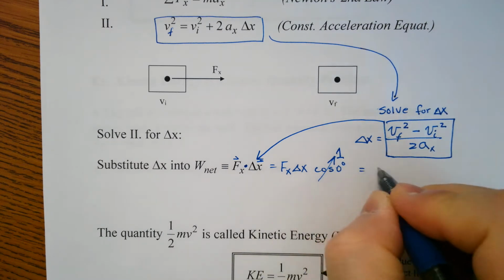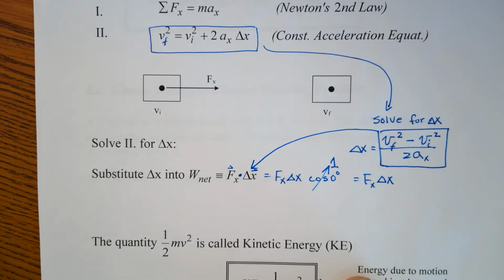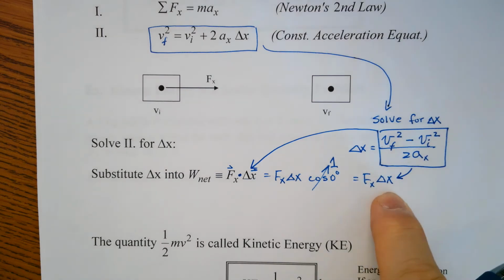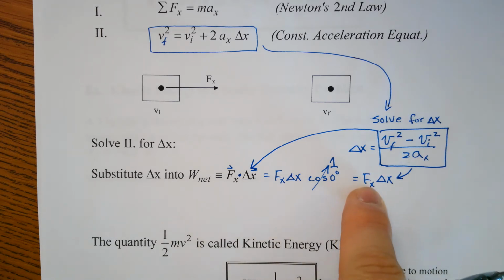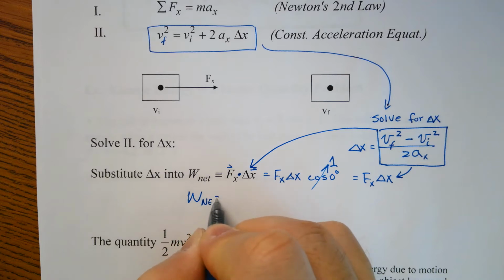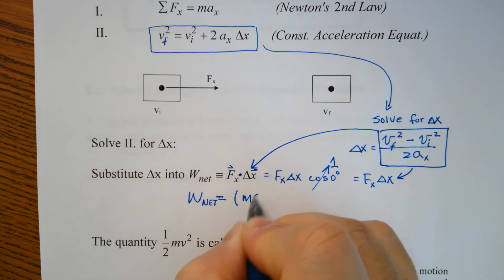And that's how we get Fx delta x. So if we plug in this value and finish that off with Fx being max, right? So here, work net now is equal to Fx, which is max.